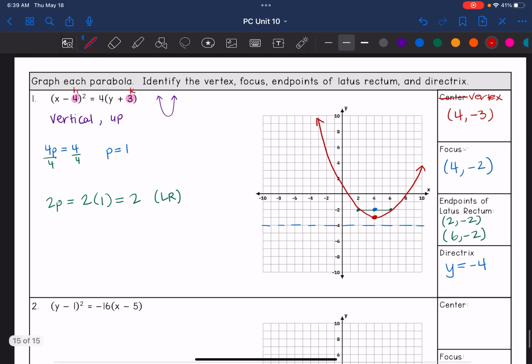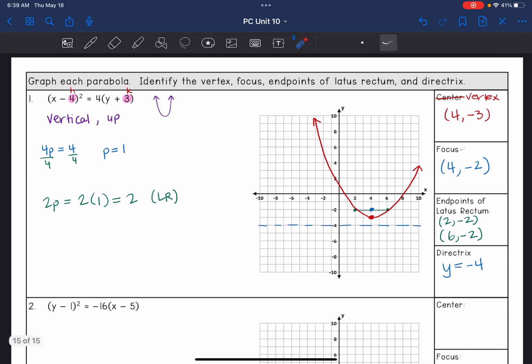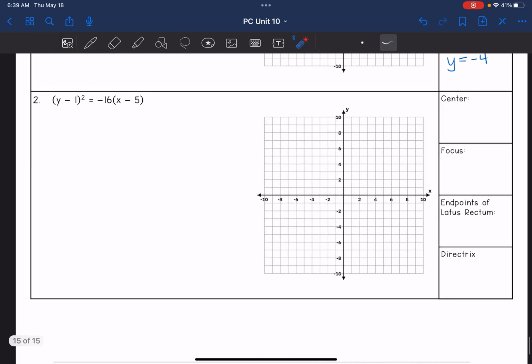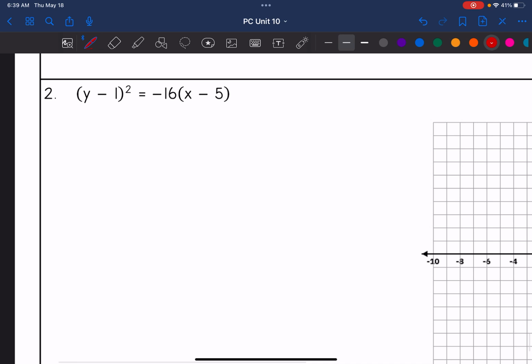So when you look at example 2, the first thing you want to do is decide what direction it's going to open in. So this time Y is first. So this makes that one a horizontal parabola. And not only that, if it's horizontal, either it's going to open left or it's going to open right.